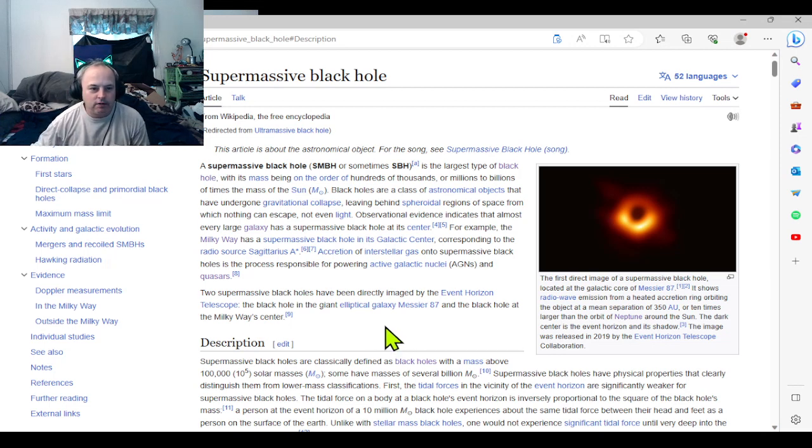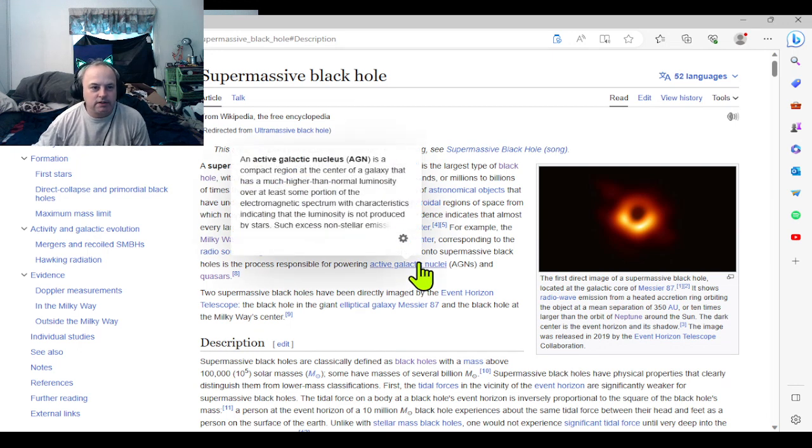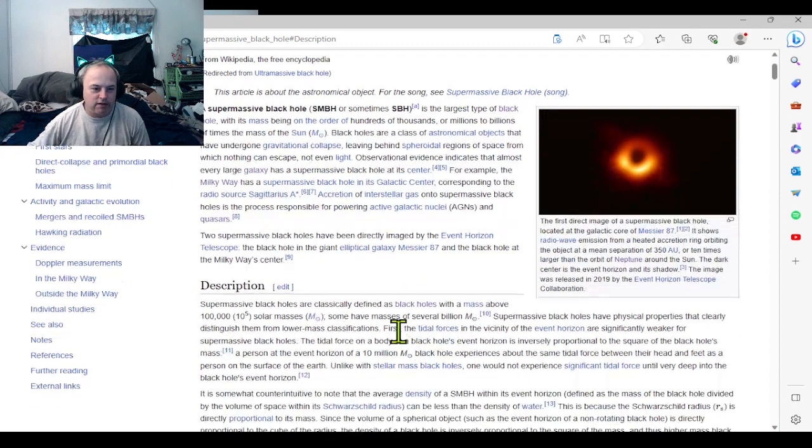Supermassive black hole, the active galactic nuclei, which is a compact region in the center of a galaxy that has a much higher than normal luminosity over at least some portion of the electromagnetic spectrum, with characteristics indicating that the luminosity is not produced by stars, such excess non-stellar emissions. Okay, yeah, that didn't help me understand anything.